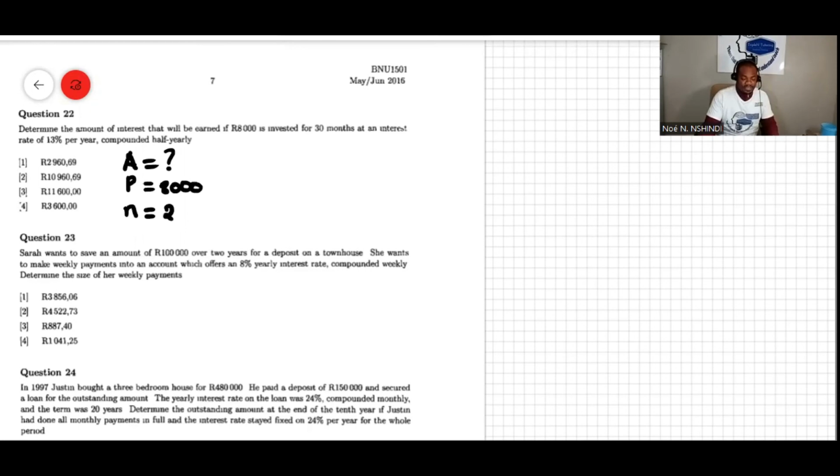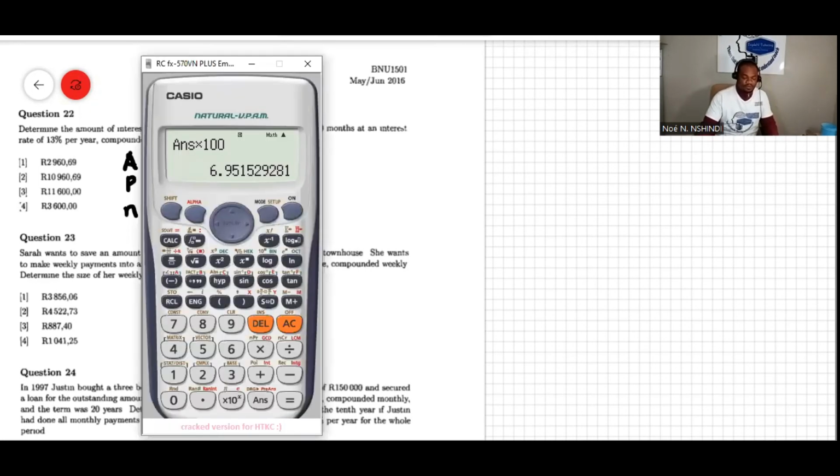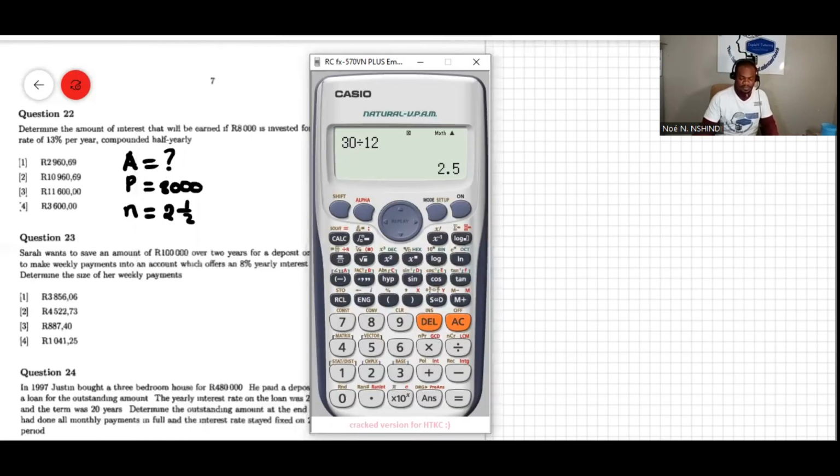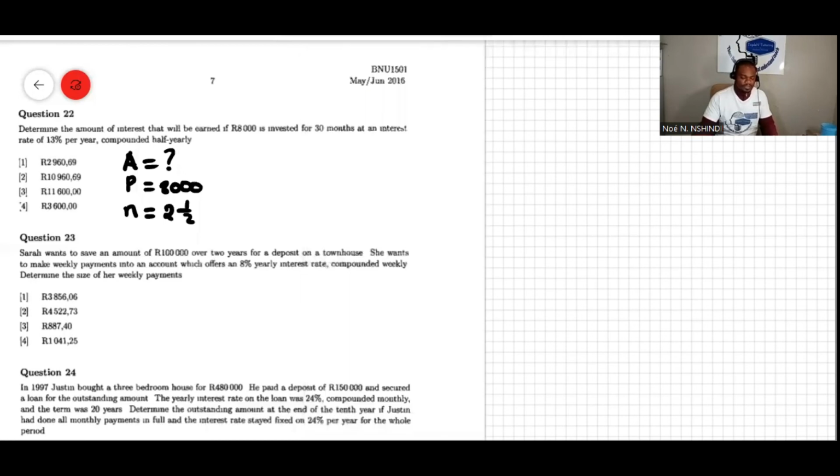You can check if you do 30 divided by 12, this is like 5 over 2, which is 2.5 of a year, 2 years and a half. So I prefer to just say 2.5 years.